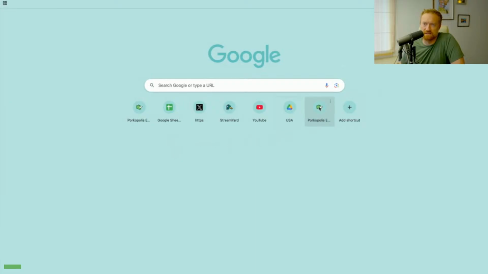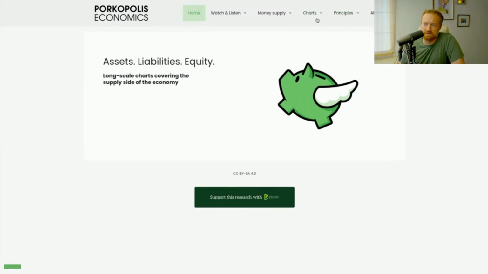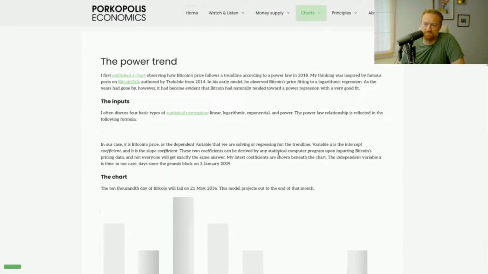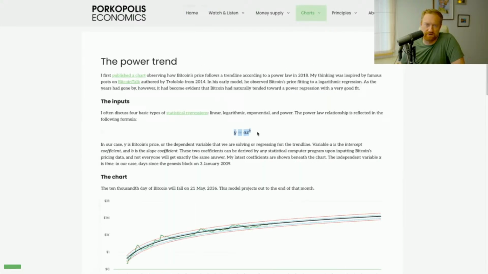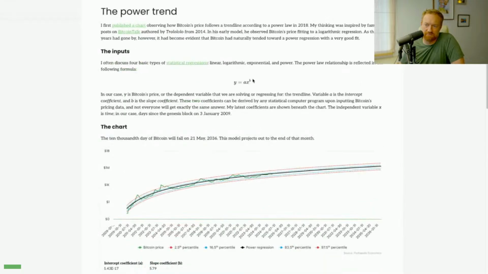So if you look at the site here, my site, I'll show you the power curve. This is the formula for the power curve. And Metcalfe's law is basically just saying that if X is your number of nodes, Y is your value, the network will grow by the square of the nodes, which is B would equal 2.